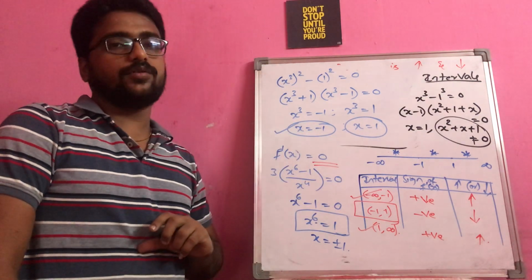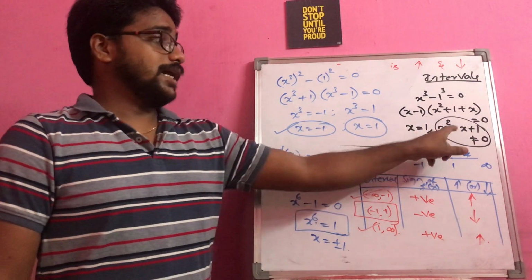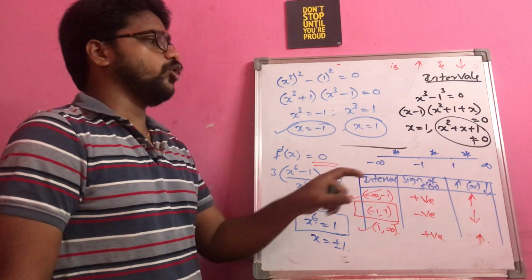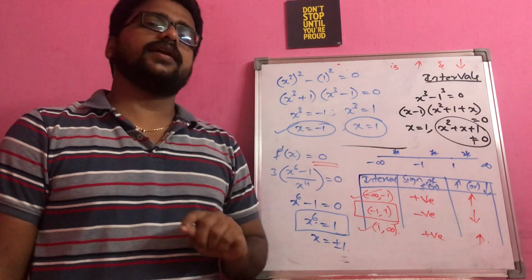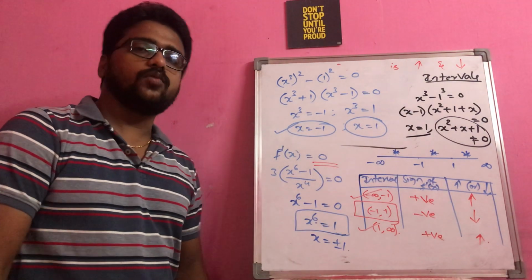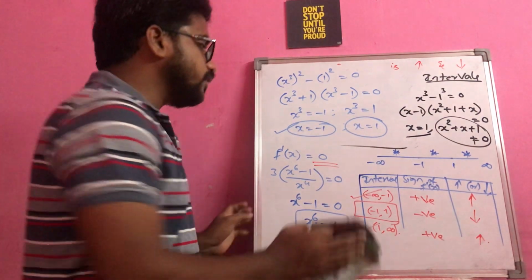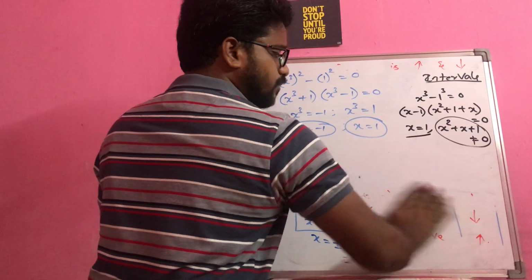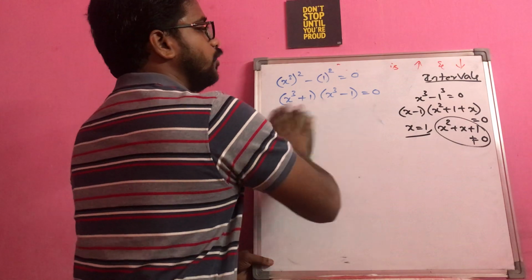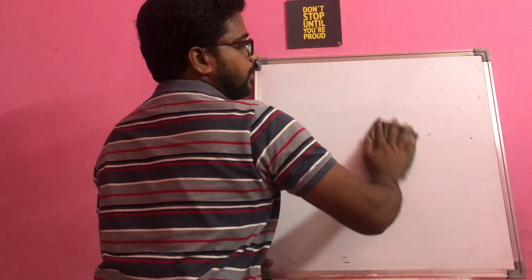Even if you substitute a negative value, x square will always dominate the value of x, and on top of that you are adding 1. So there is no scope for this function to be equated to 0. The only solution that we will be getting is x is equal to 1. So that's why in case of an even power, you can straight away write the answer as plus or minus 1, whereas if you are having any odd power, you will be getting only the plus value as the answer, that is plus 1.